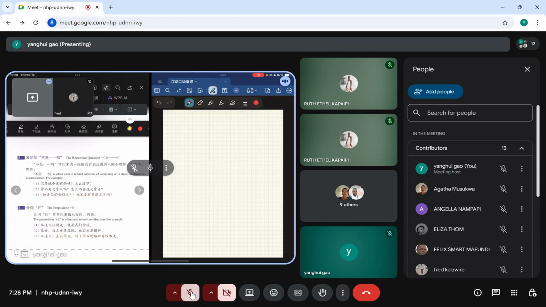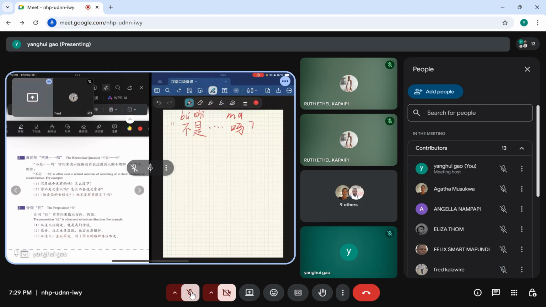It's a rhetorical question. Okay, let's see this one, 不是 this form. 不是什么什么吗？So this structure is commonly used to give a reminder or to express the speaker's confusion or dissatisfaction.